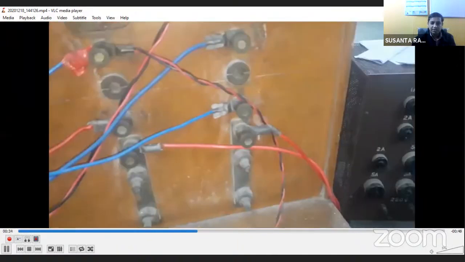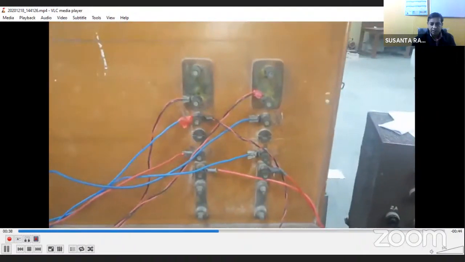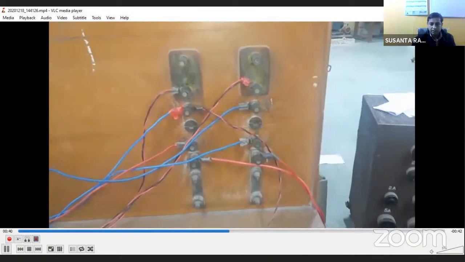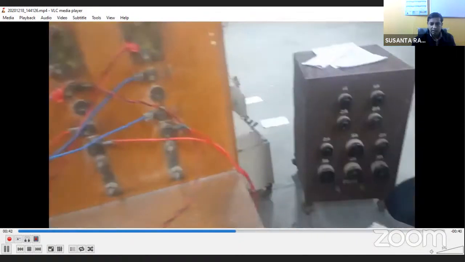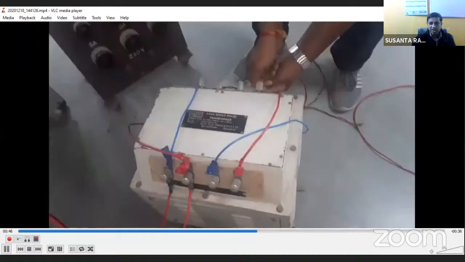Okay, so this we have connected with the supply. This is how the circuit becomes complete. So one more connection is left.